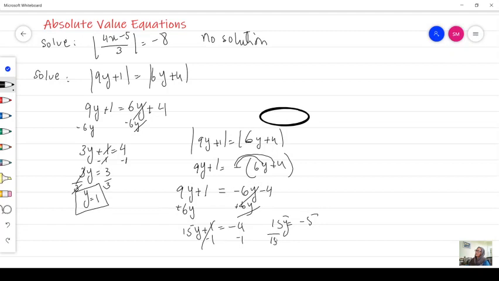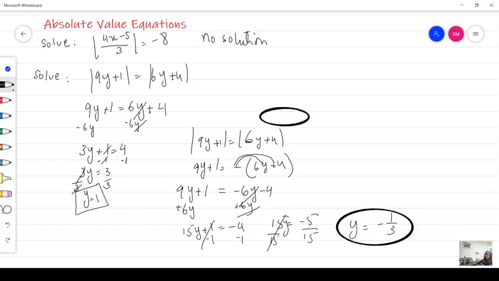And you divide 15 both sides and it's going to give me y equal negative 1/3. So that's my other answer. Okay, now I have two answers, y equal 1 and y equal negative 1/3. Now let's try and check if both of them would give us negative 8 when we plug them in.